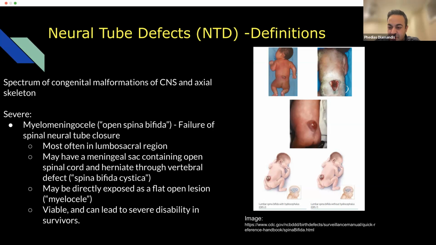So it must be the more common finding. We'll get to this later on. Some babies may have associated hydrocephalus through a secondary defect known as Chiari II, but we'll talk about that later on in the presentation.